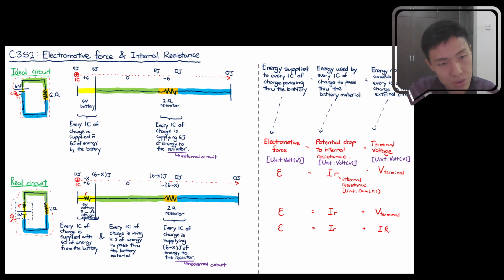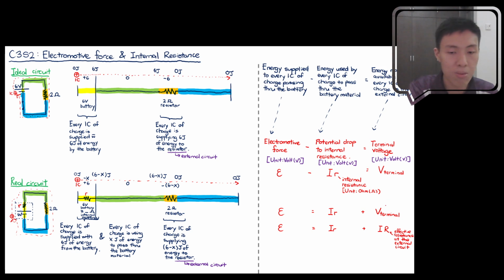So this one is resistance. You can call it effective resistance. It's a combination of resistance at the external circuit. So we are not taking in what's inside the battery, we are only taking in what's outside the battery.